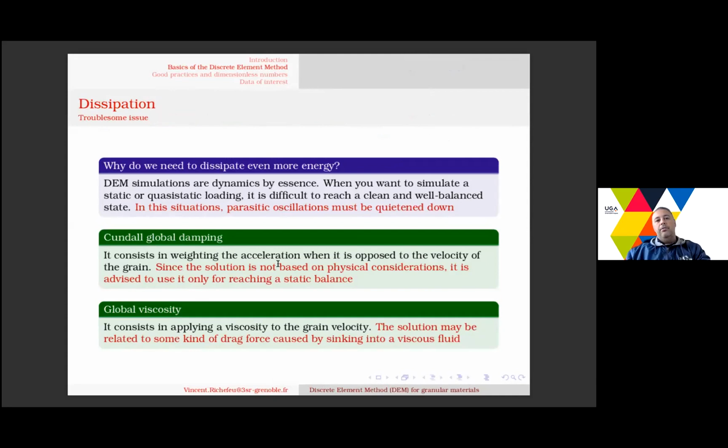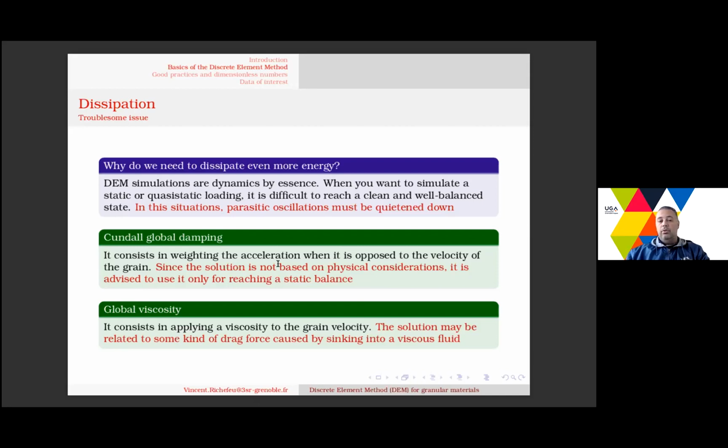So now a few words about the dissipation in DEM computation. Why do we need to dissipate energy? Because a DEM computation is by essence a dynamic computation. Even if you simulate a quasi-static situation, the model is dynamic. Okay, and it is very difficult to stabilize this system.